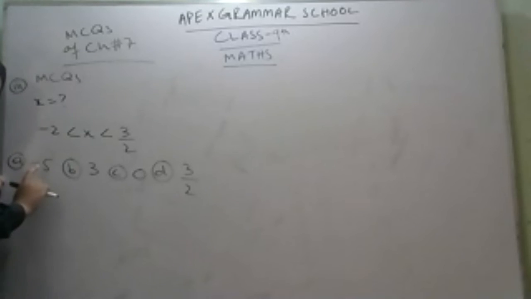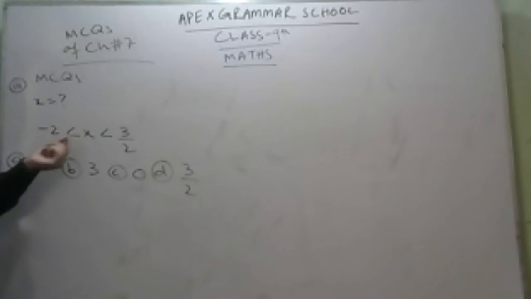Can x be minus 5? If we consider that x is minus 5, then minus 5 can't be greater than minus 2. Minus 5 is less than minus 2. So this option will be wrong because minus 5 is not greater.